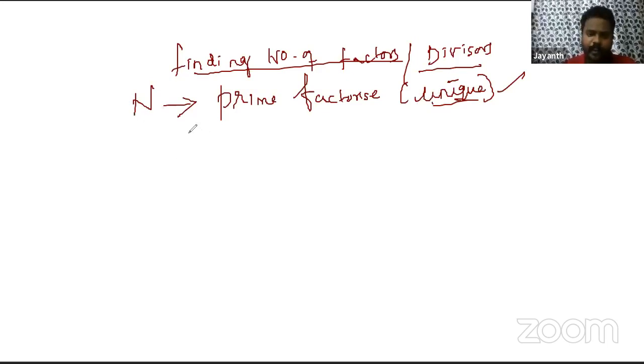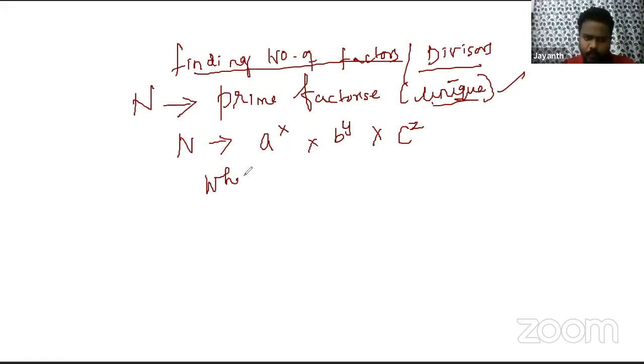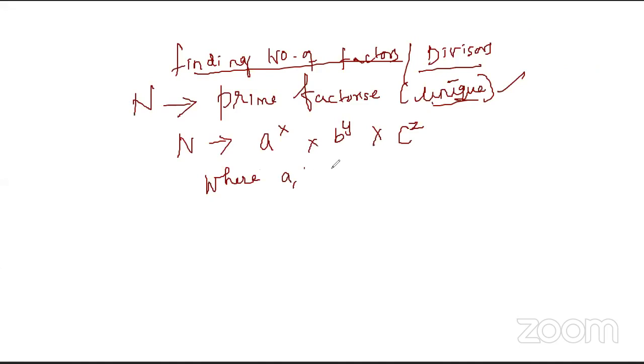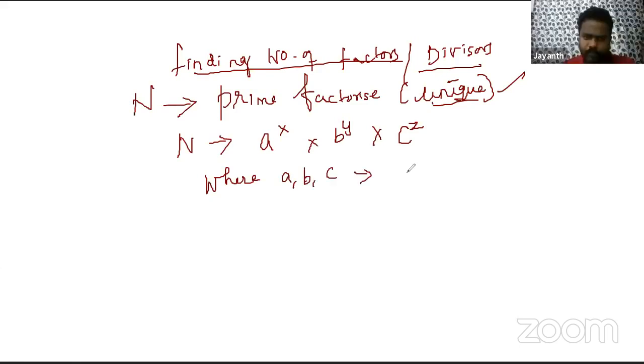After prime factorizing, n is written as a power x into b power y into c power z, where a, b, c are prime numbers.